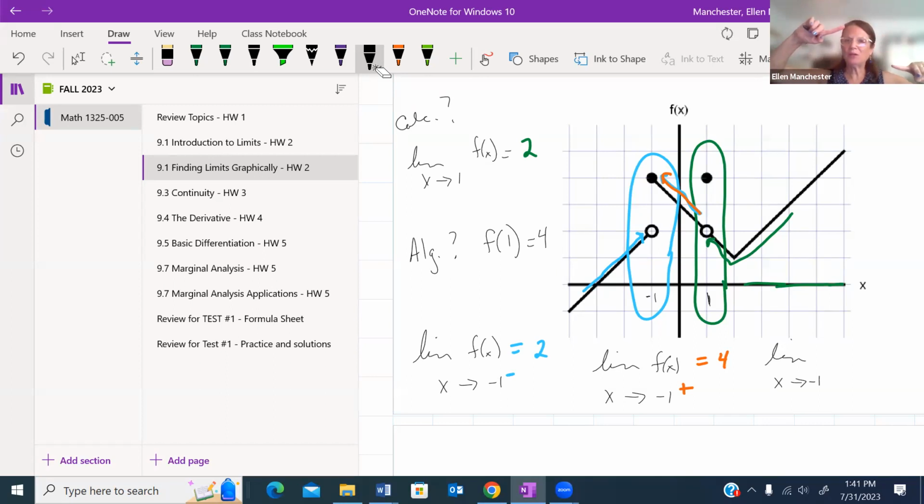But if they come in and my left side's coming in low and my right side is coming in high, the limit does not exist. So the only way a limit actually exists is if my fingers touch, if I'm heading towards the exact same value. If ever you're coming in and your fingers are coming into 2 different places, the limit does not exist. DNE is what you can call it, does not exist. Okay, let me show you another one like that.